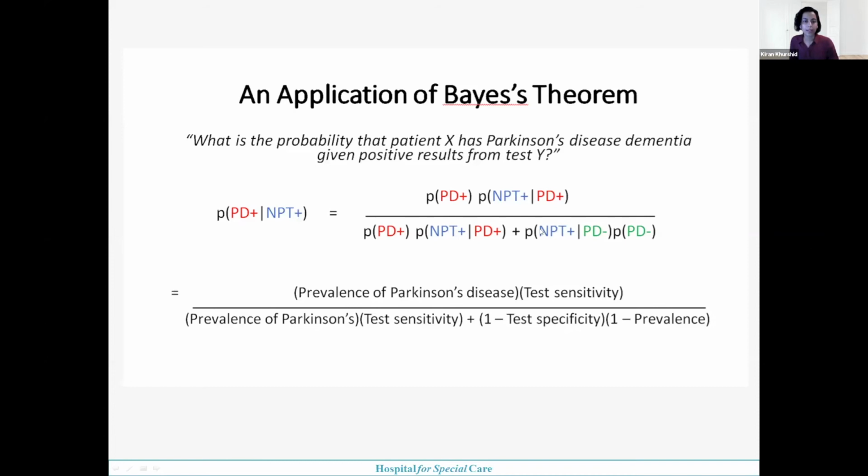So, we can ask the same question for any type of condition. If we wanted to take data and predict the probability of whether or not a patient with Parkinson's disease has dementia, we could use that information here as well, and plug that into this equation. The other thing that I wanted to add, though, was, we don't have to just look at one test.